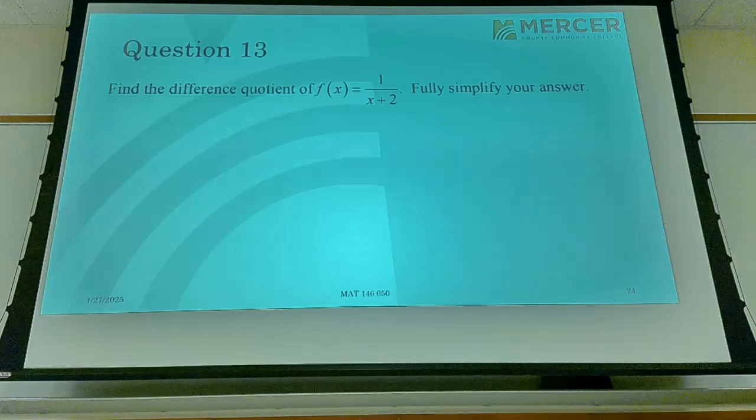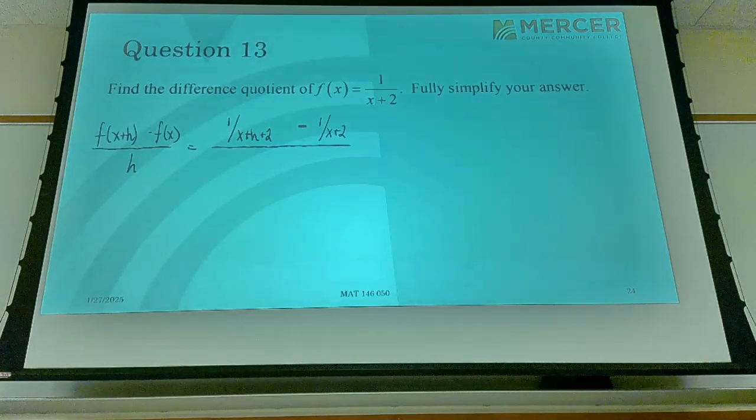Let's have a fraction involved. Fractions. f of x plus h minus f of x, all over h.